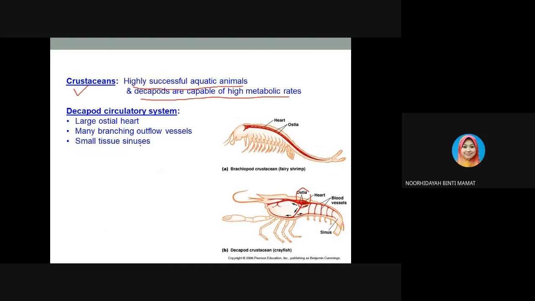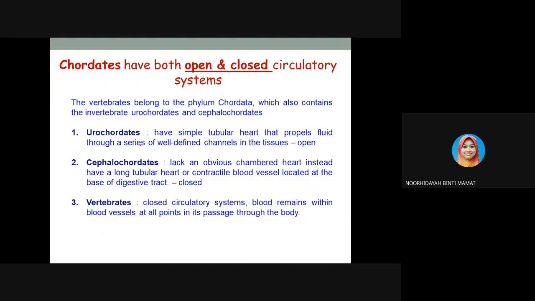Open circulatory system. While chordates have both open and closed circulatory systems, like annelids and molluscs. The vertebrates belong to the phylum Chordata, which also contains invertebrates, the Urochordates and the Cephalochordates. Urochordates have a simple tubular heart that propels the fluid through a series of well-defined channels in the tissue.